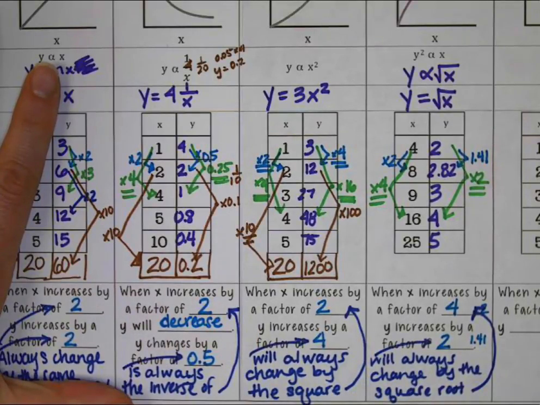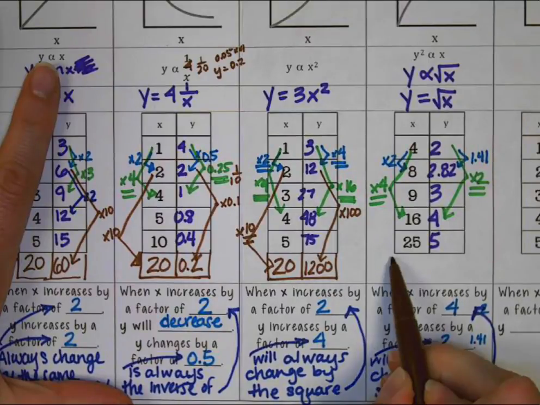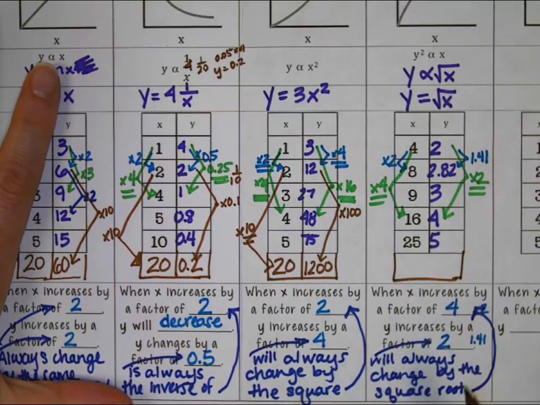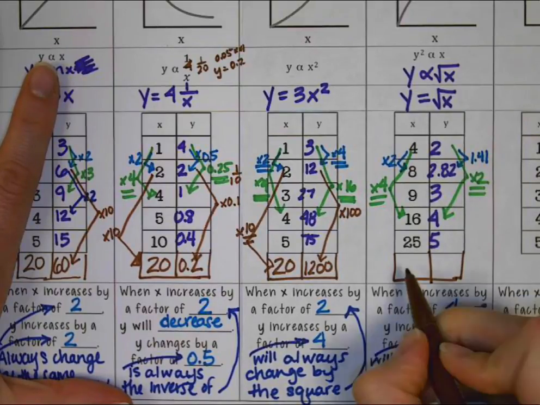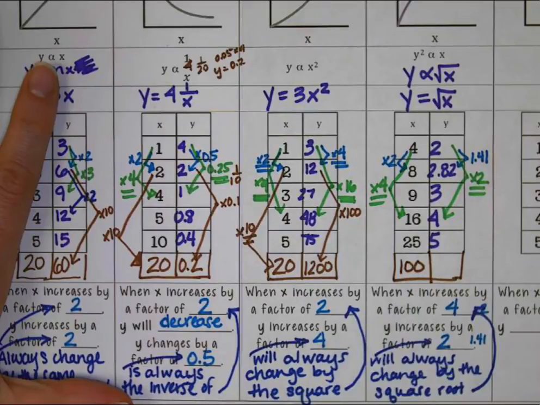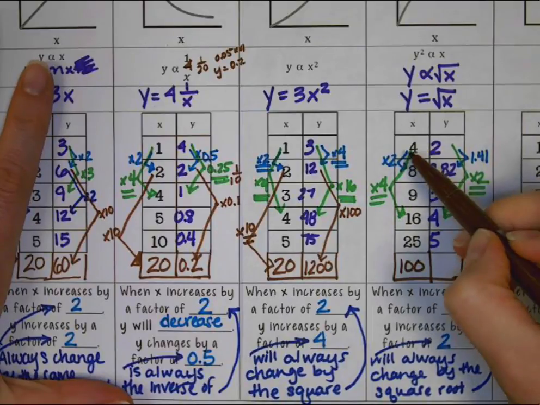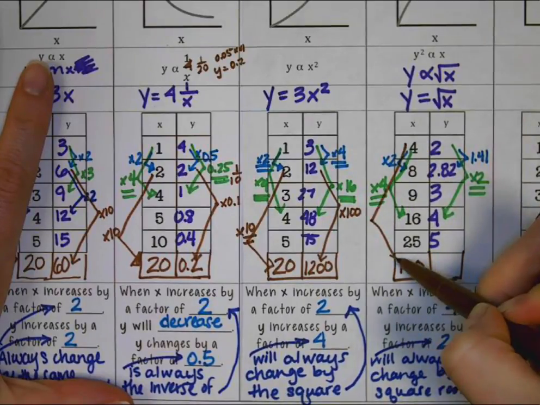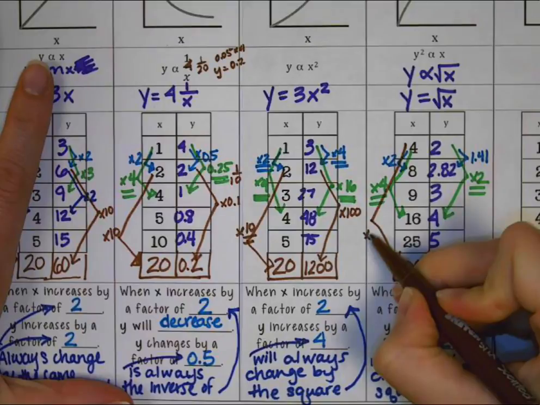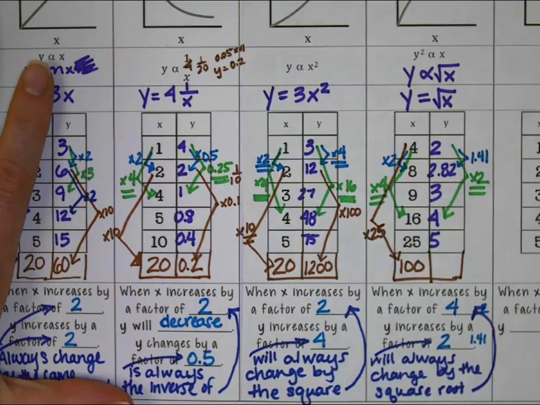Let's test our predictions. Add in an extra row. And this time, I don't think we can use 20. I'm going to pick a number that seems a little bit easier. So I'm going to pick 100. Additionally, let's go from 4 to 100. 4 to 100 increases by a factor of 25.